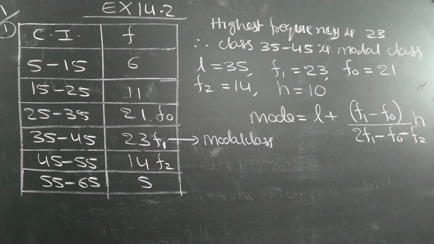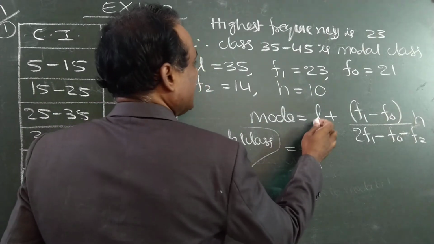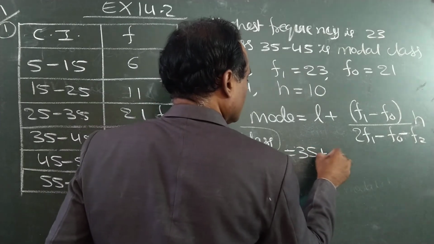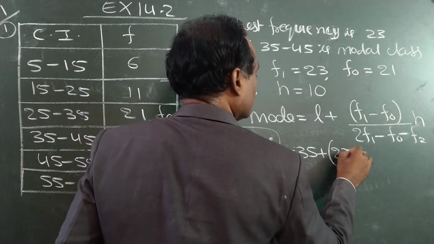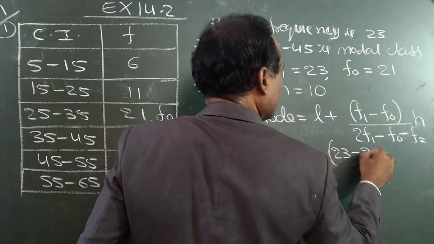Substitute the values in the formula. L is 35. F1 is 23. F0 is 21.